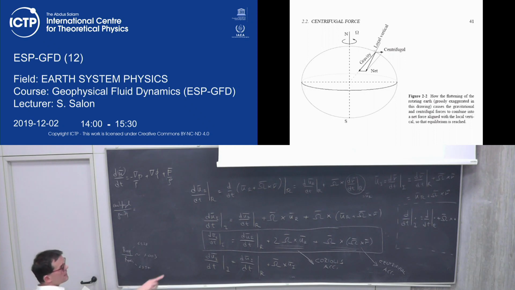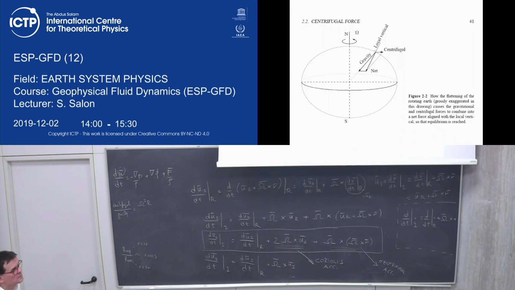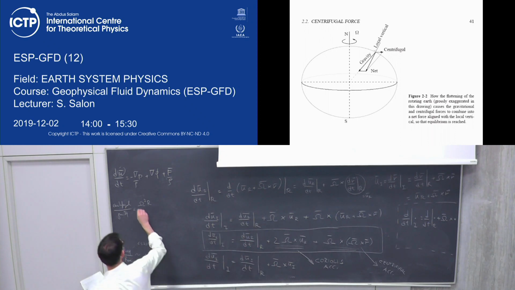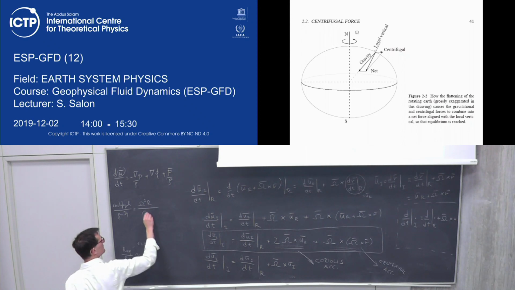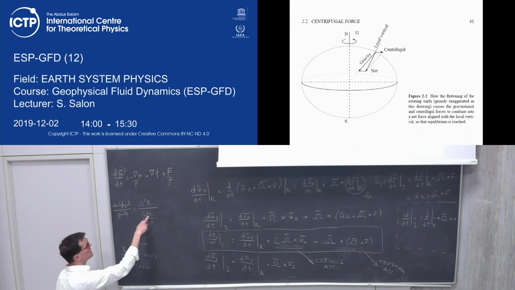The centrifugal is nothing more than omega squared by the radius, the magnitude of this one. While the gravity, of course, is capital G, capital M over R squared. So this is the universal constant of gravitation, this is the mass of the Earth, and this is the radius.